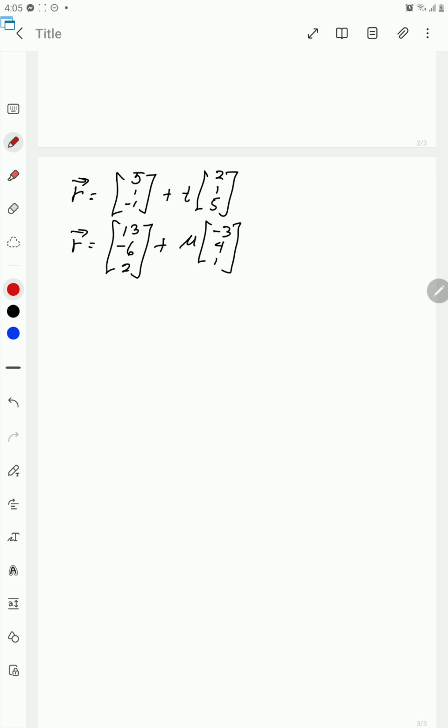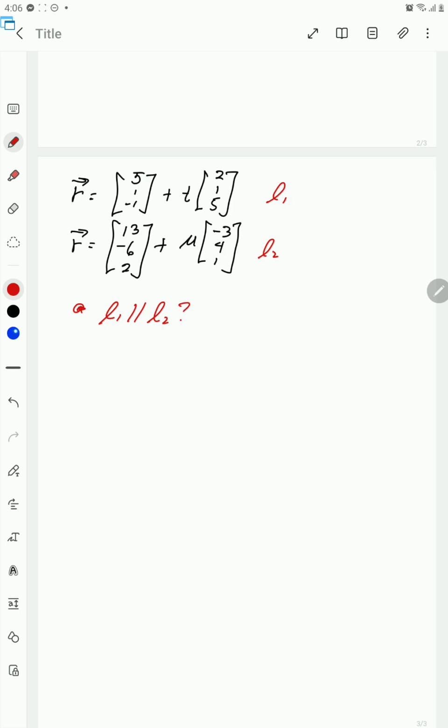Now, let's try to find out whether these two will intersect, skew, or parallel. First, let's check, are they parallel? Let's say this is my line 1 and that is my line 2. Is line 1 parallel to line 2?